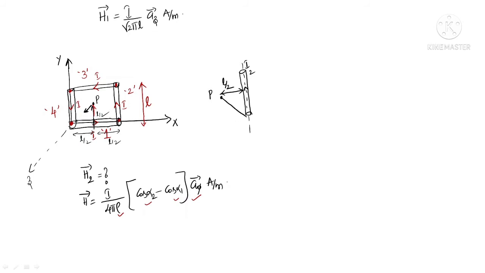Just join the starting end with the point of interest, and this angle is alpha 1. Is it right or not? And what is angle alpha 2? Angle alpha 2 is the angle made by the finishing end. Is it right or not? So this is alpha 2 and this is alpha 1. Alpha 1 and alpha 2.